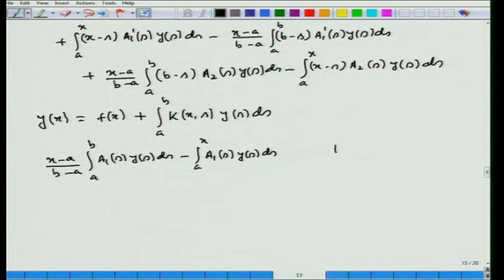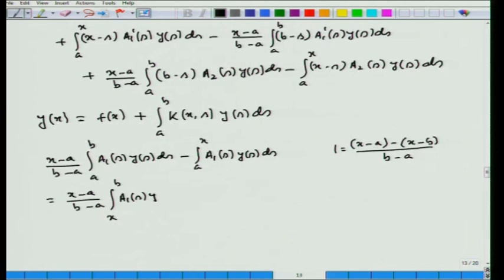If we use the result that 1 equals ((x minus a) minus (x minus b)) divided by (b minus a), then this will be equal to (x minus a) divided by (b minus a) integral x to b a1(s) y(s) ds plus (x minus b) divided by (b minus a) integral a to x a1(s) y(s) ds.